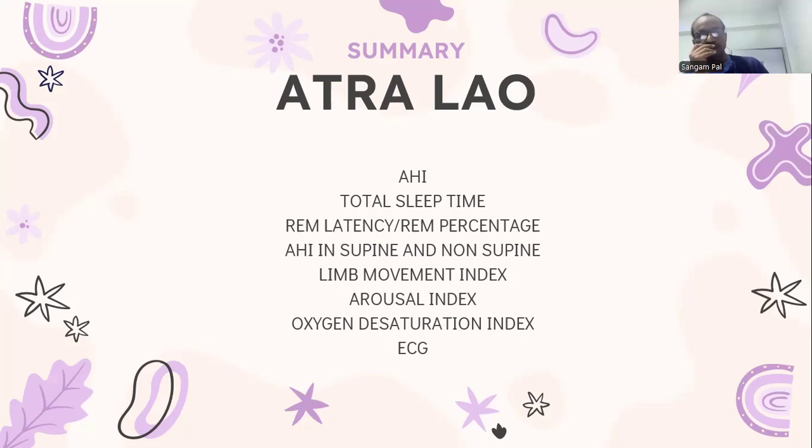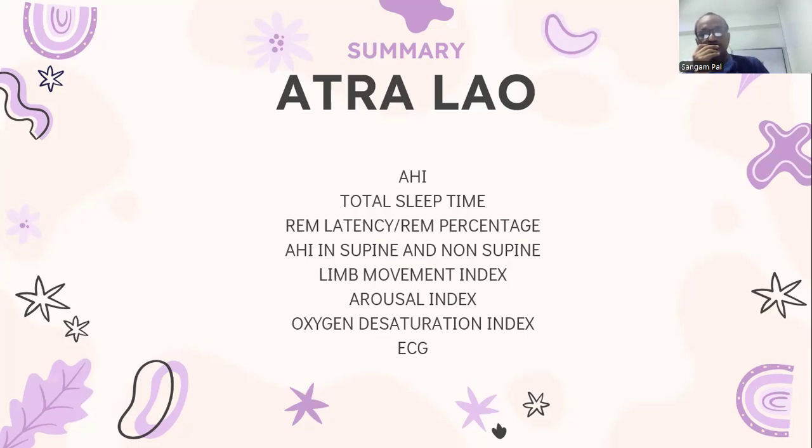Then next thing we have to see is limb movement index. So if the patient has everything normal and an increased limb movement index, more than 15 in adults and more than 5 in children, he will require workup other than obstructive sleep apnea, a metabolic workup, to know if he has other underlying illness.